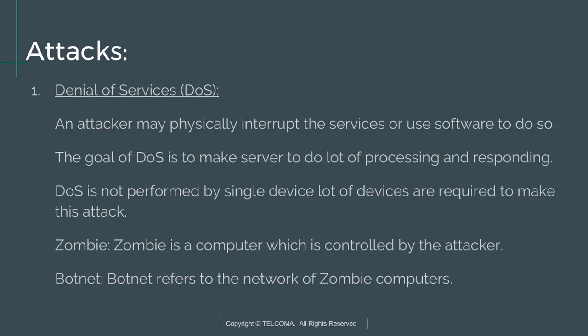DOS attackers may attack physically or use software. Physical interruption means powering off the servers or disconnecting their internet connection, whereas software attacks flood the target server with so many requests that the service freezes or becomes unavailable to the host computer.